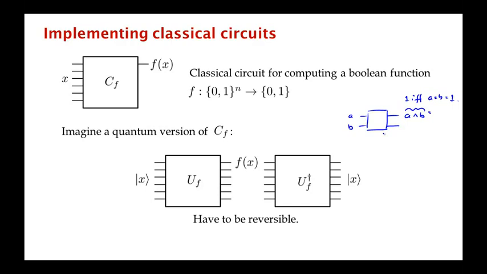Just play with it and check that there's no way to recover A and B if you're given A AND B as one of the outputs, and something arbitrary for the second bit. You could choose it to be B, you could choose it to be A or B. Just choose it to be anything you want, and check that there isn't enough information in this to tell you what the two input bits are. Why is that?